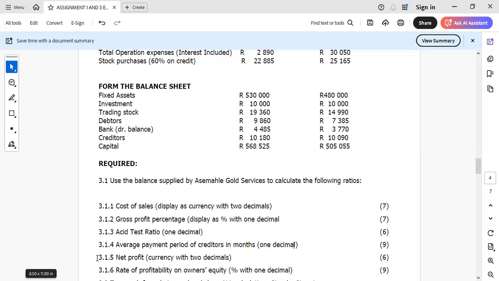You need to know one thing if you are calculating net profit. We need to have sales, cost of sales, incomes, expenses. Then we will get our net profit.